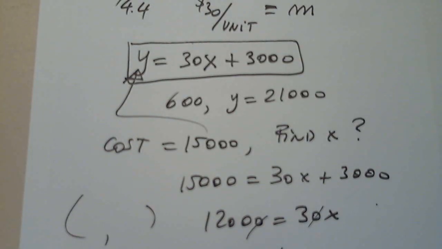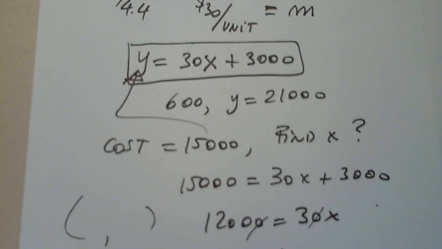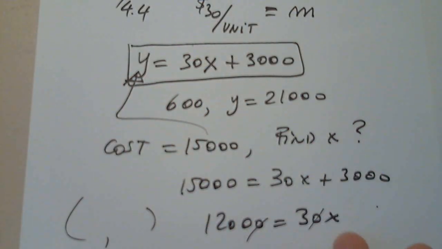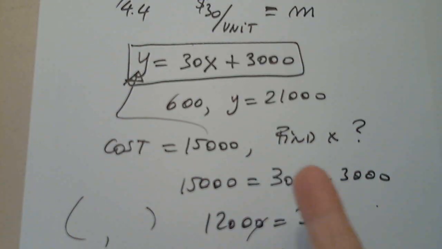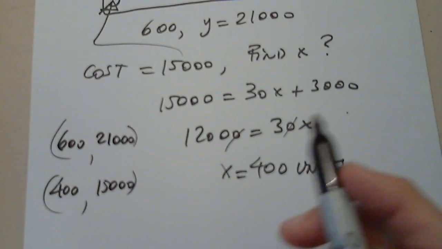Can anyone give us those ordered pairs? If you look here, you'll identify 2 ordered pairs. 600, 21,000. Exactly. And 400, 15,000. Exactly. So we have 600, 21,000 and we have 400, 15,000. Perfect.